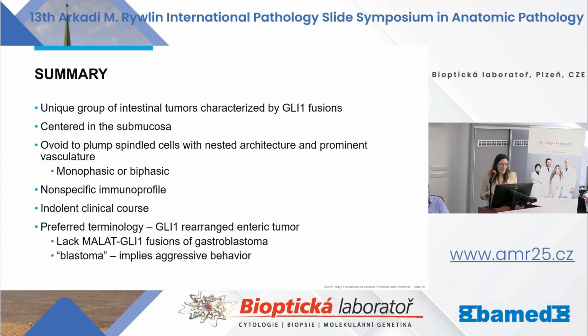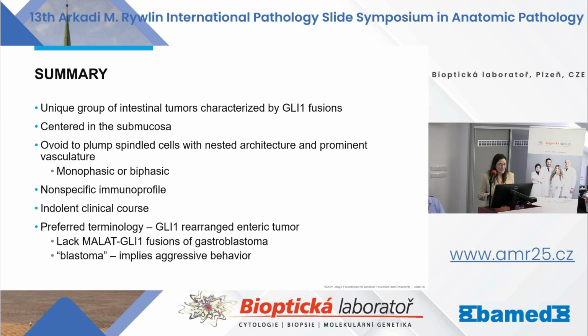So to summarize our findings, this was a unique group of intestinal tumors characterized by GLI1 fusions. They tend to be centered in the submucosa, but can show transmural involvement, as we saw in the example case. At a histologic level, these are composed of ovoid to spindled cells with nested architecture and very prominent vasculature.